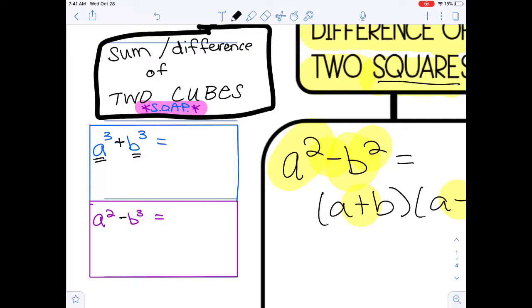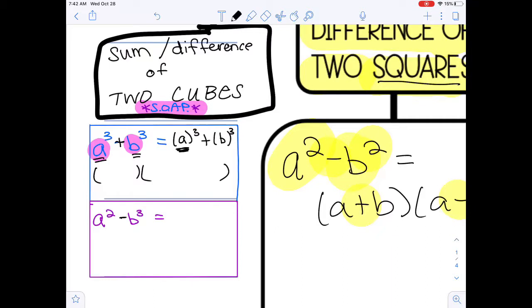We factor this out to 2 terms. The first one is a binomial, the second one is a trinomial. And we basically take a cubed and b cubed. We have to be able to write it in this form of some value cubed plus some value cubed. And you'll see why we're doing that as we do our examples.